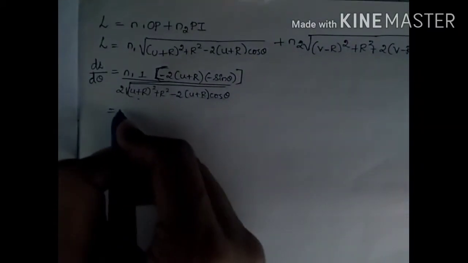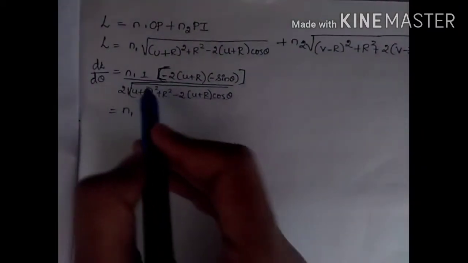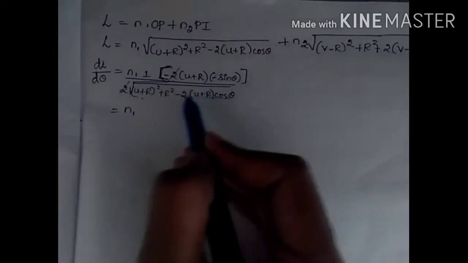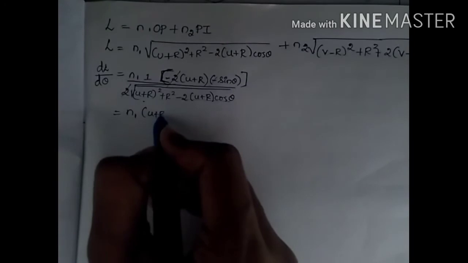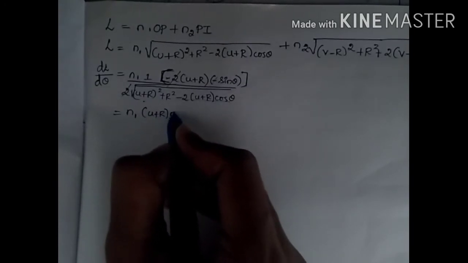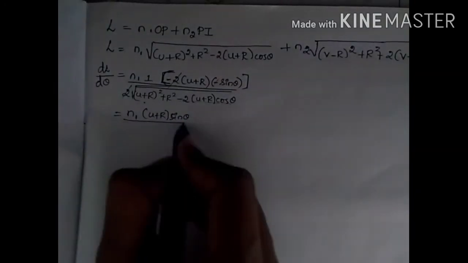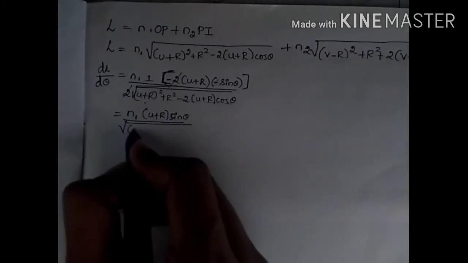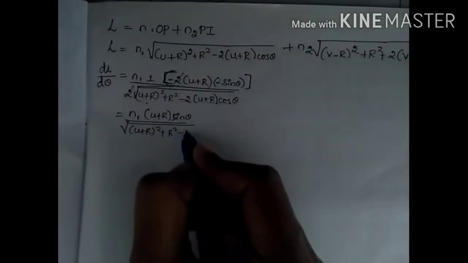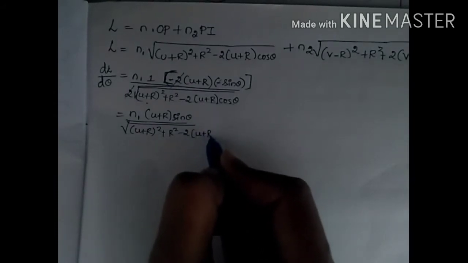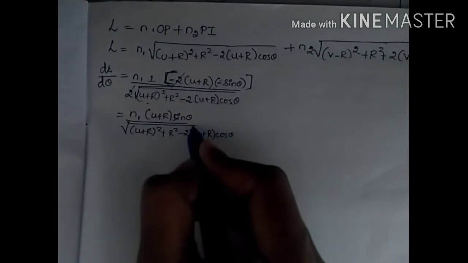The 2 gets cancelled, minus minus becomes plus, giving n1 (u plus r) sin theta divided by root over (u plus r) whole square plus r square minus 2(u plus r) cos theta.